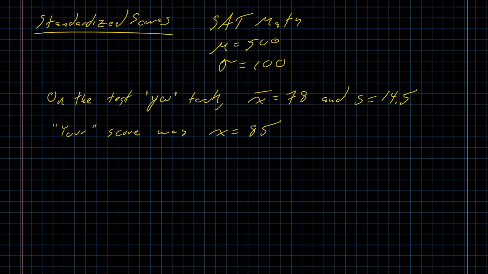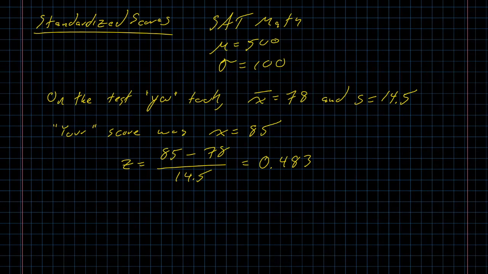With that information, I can calculate that your z-score was 85 minus 78 divided by 14.5, which my calculator is quite happy to tell me is 0.483.